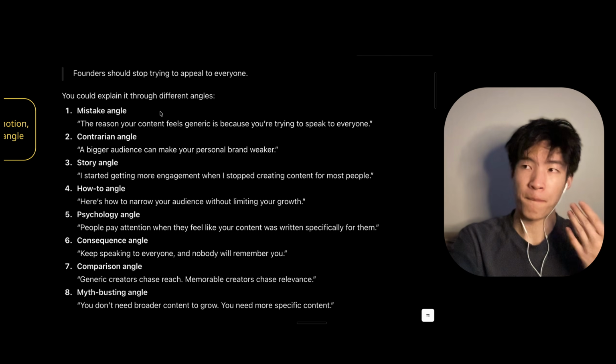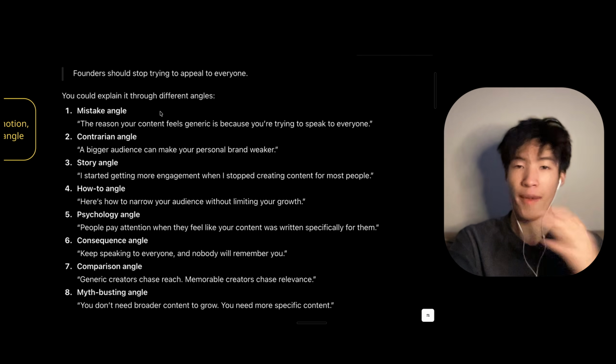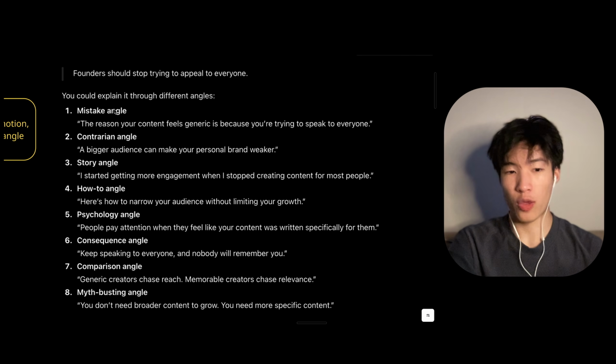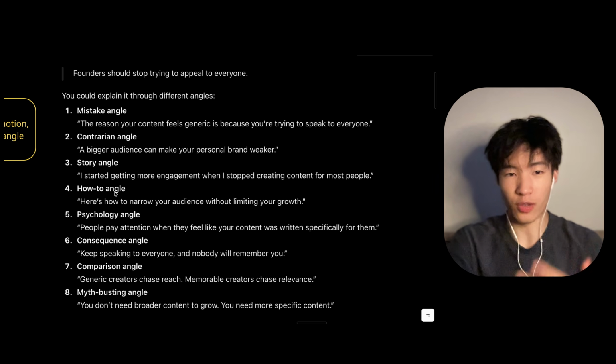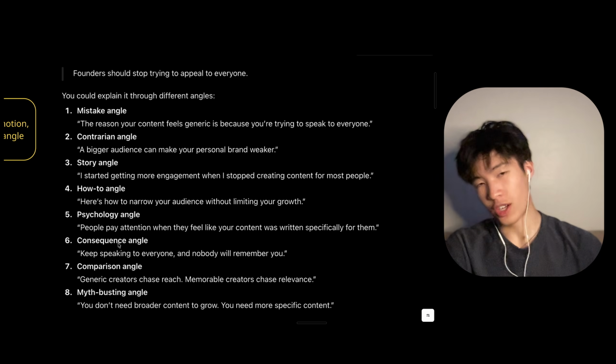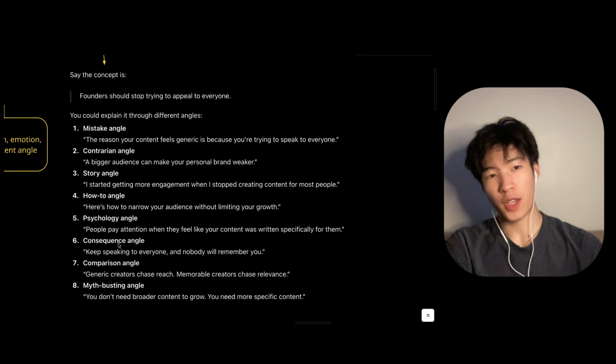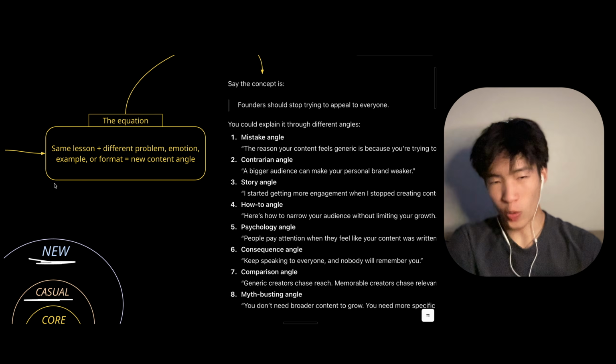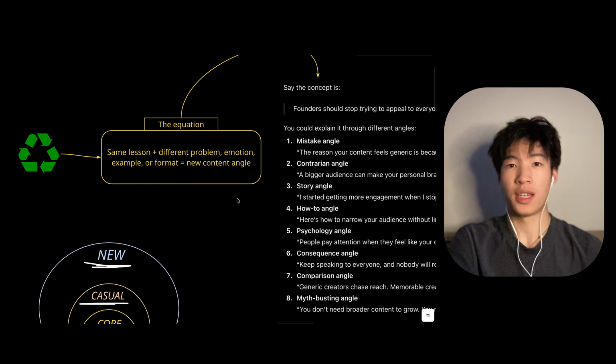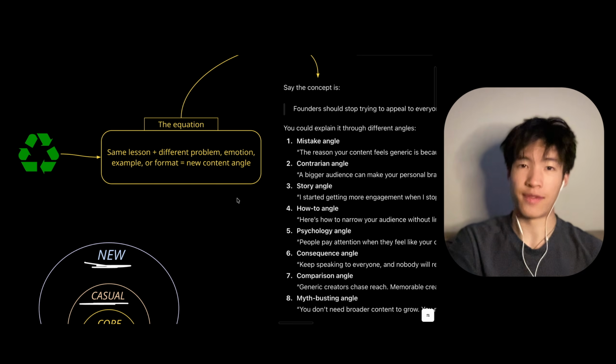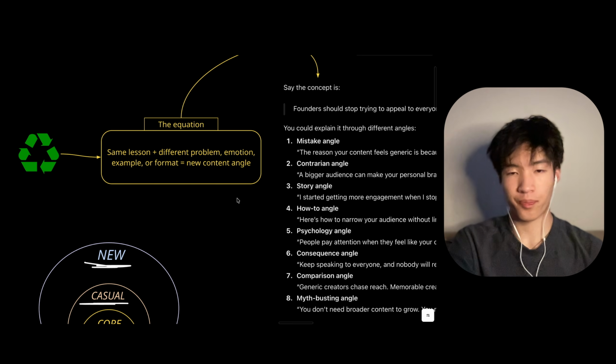You're not saying what everyone else is saying. You're saying it through eight different ways: mistake, contrarian story, how-to angle, psychology angle, etc. But you have to know that this equation determines how someone perceives your content.